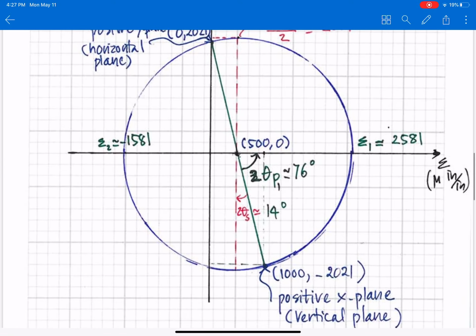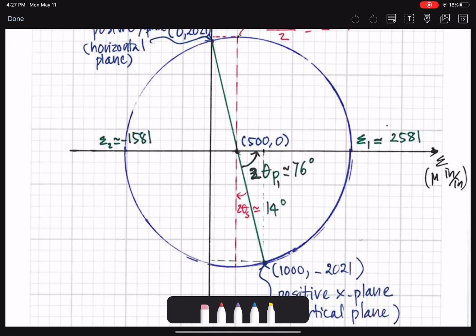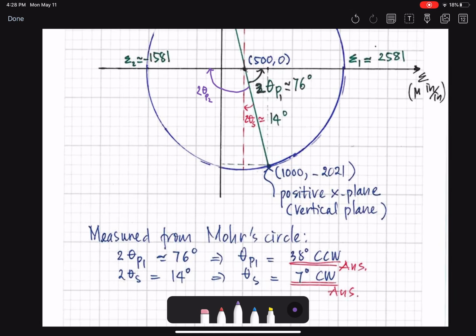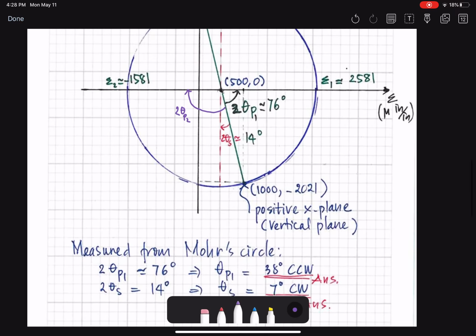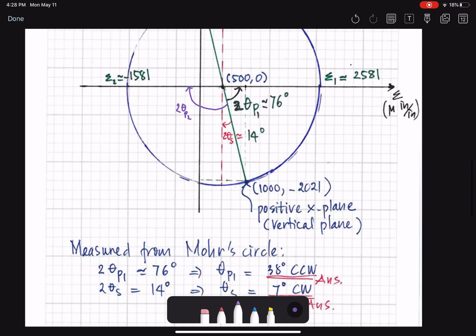And then you can also determine the other angles from the positive x-axis. For example, we can determine the angle for theta p2 by measuring this angle. This is 2 theta p2, and at theta p1 you can see it is 83 degrees, and theta p1 plus theta p2 have to be 90 degrees.